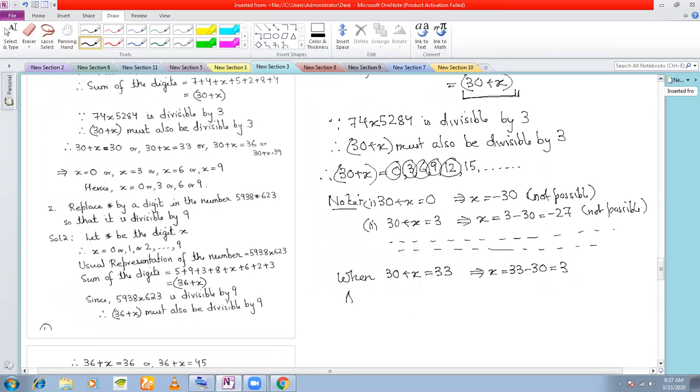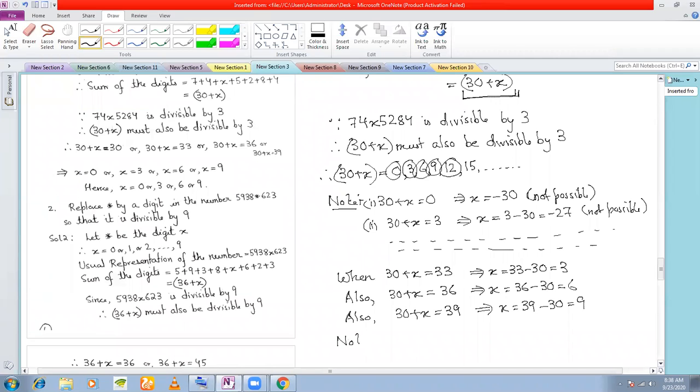Also, after 33, the next multiple is 36. So you get x is equal to 36 minus 30, which is 6. Also, after 36, the next multiple is 39. So you get x is equal to 39 minus 30, which is 9.